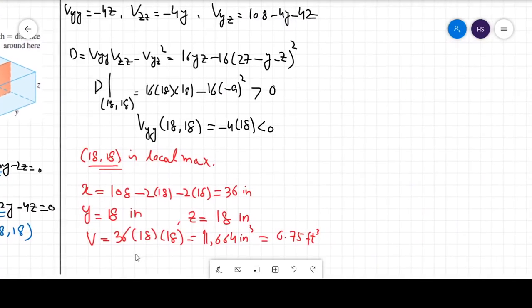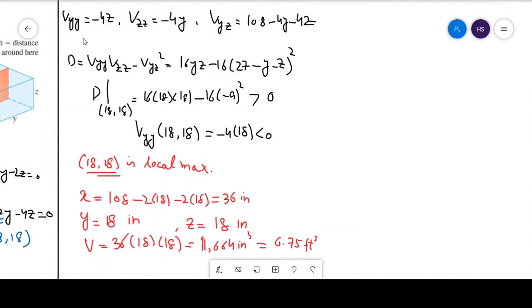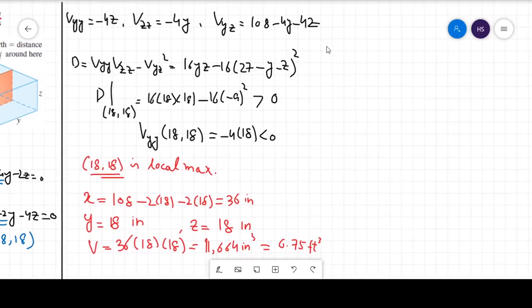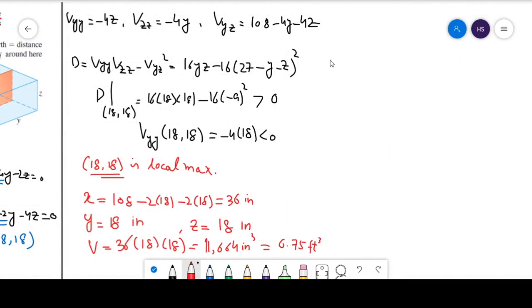I've just done the calculation for those. This is the second derivative with respect to the first variable, the second derivative with respect to the second variable, and the mixed second order partial derivative, right? Our function is a function of y and z.